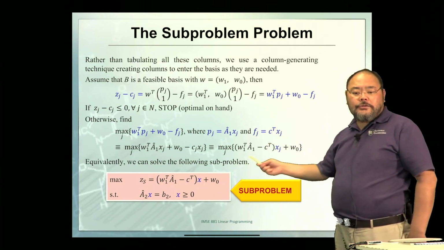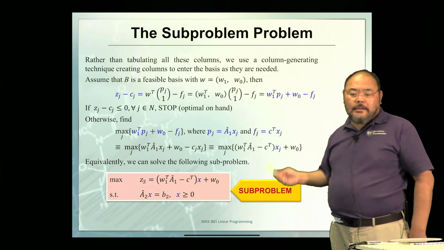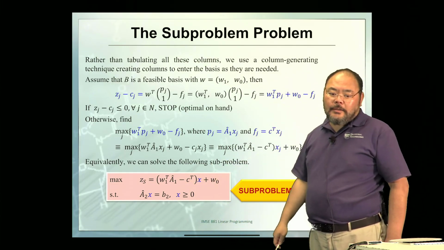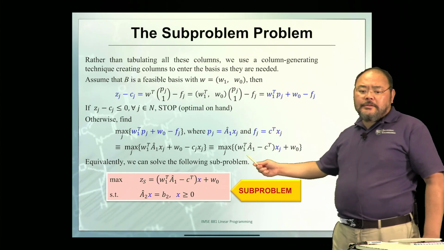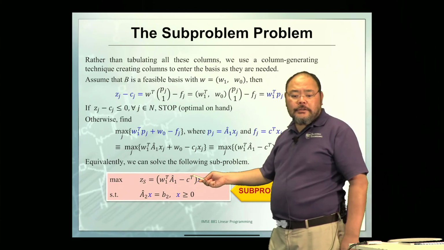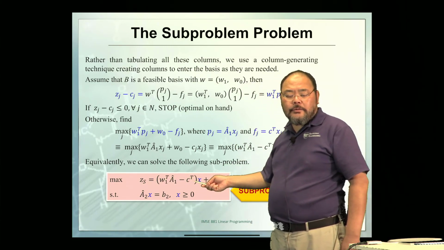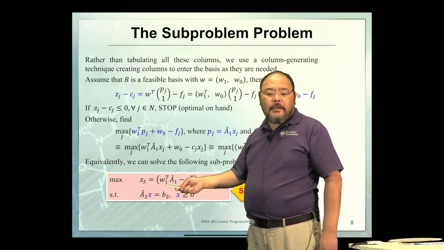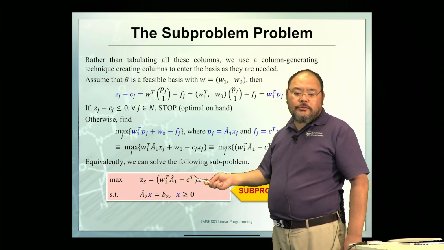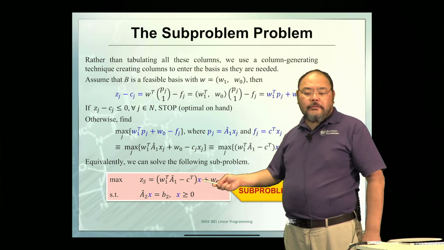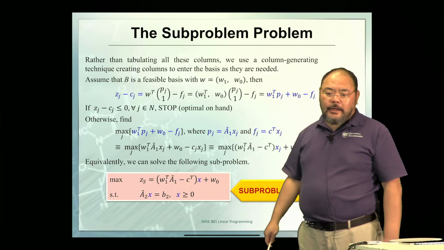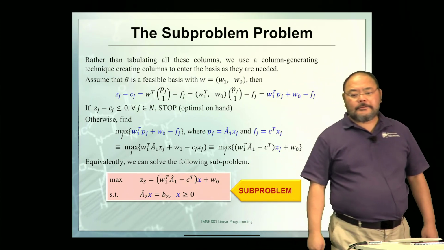And then we're going to use this as the objective function to solve the following subproblem. The subproblem's decision variable is still x, and we're using this as the objective function. So omega 1 transpose times A1 hat minus c transpose is my cost coefficient for x. Then omega naught is just a constant in that case.